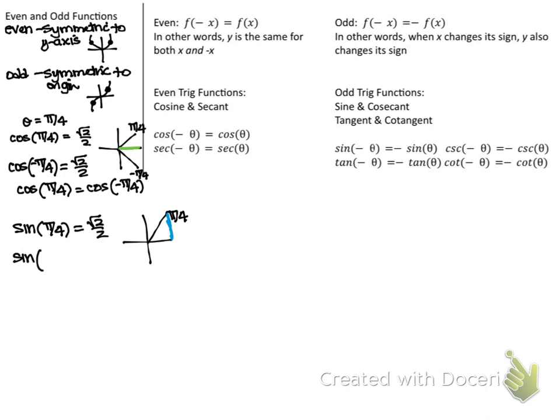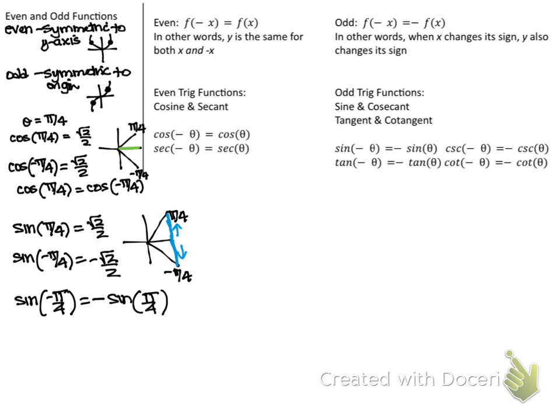If I take a look at sine of negative pi over 4, so I go down negative pi over 4, the length is still the same. It's just now I'm going down. So this one's down, that one's up. So I get negative root 2 over 2. Basically, if you take sine of the negative angle, it's going to be almost identical to sine of the positive angle, except the sign is flipped.